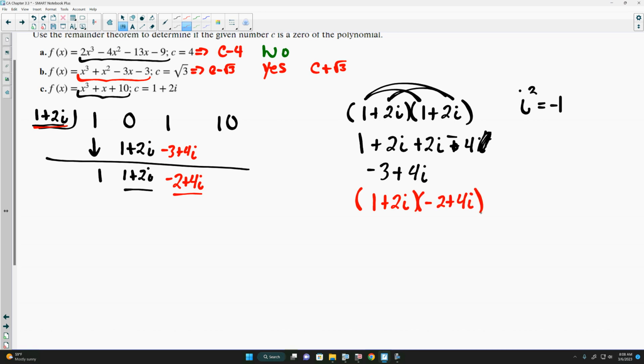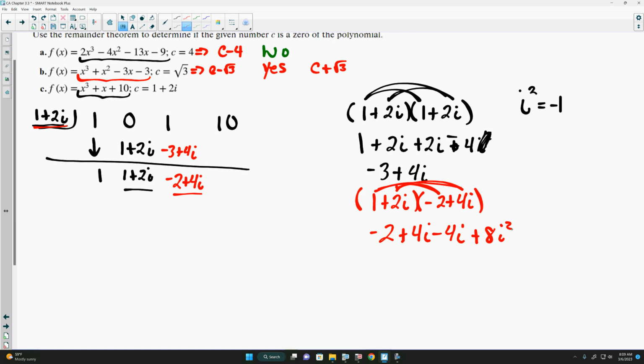Distribute. 1 times negative 2 is going to be negative 2. 1 times 4i is going to be plus 4i. 2i times negative 2 is going to be negative 4i. 2i times 4i is going to be plus 8i squared.